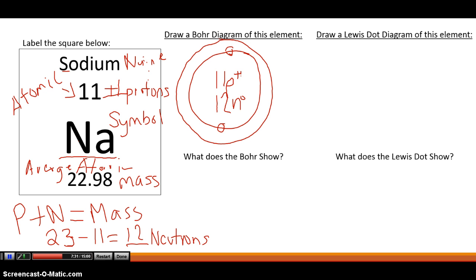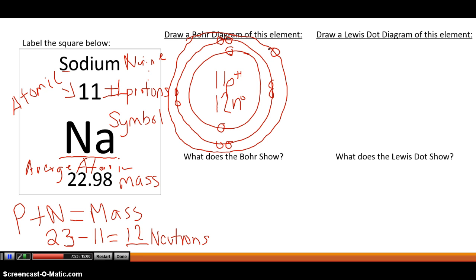Draw another one. 8 can fit on this one. 2 and 8 is only 10. We need 11, so we need to draw another ring and put an 11th on there.